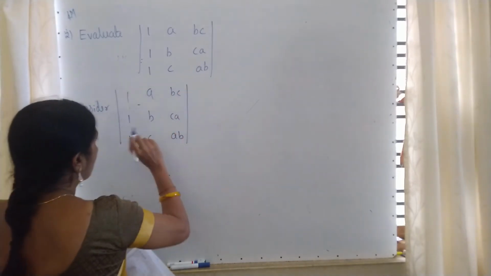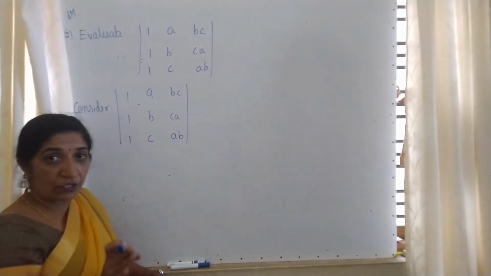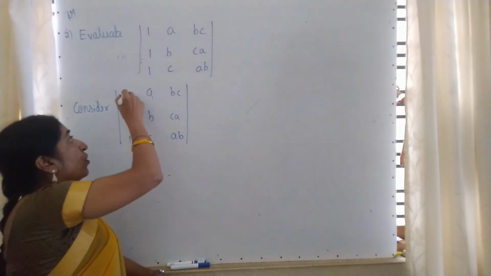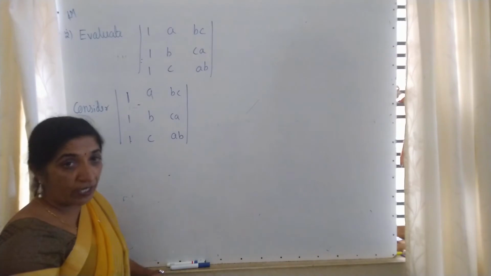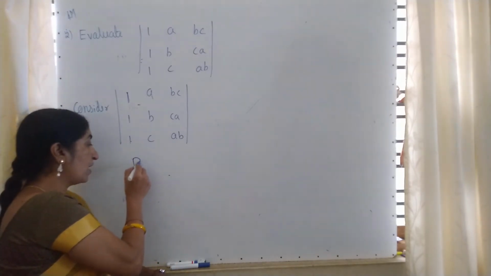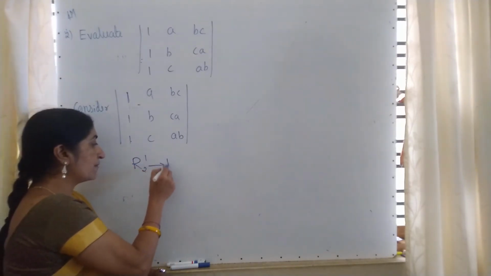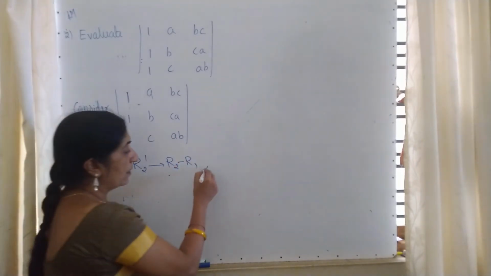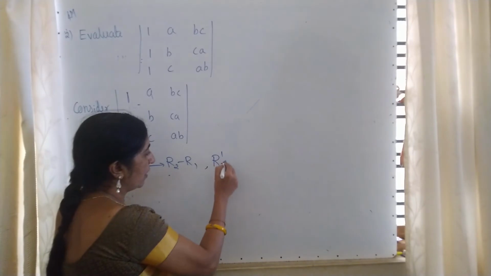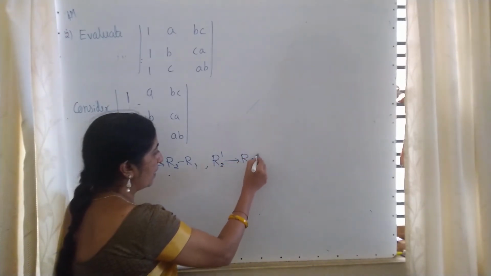In today's class only I gave the note. Now you have the note with you, no? Open that. If all the elements in the first column are equal to 1, we have to apply R2 dash as R2 minus R1 and R3 dash as R3 minus R1.